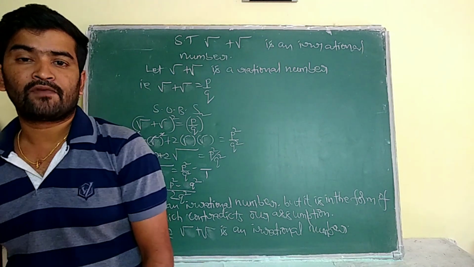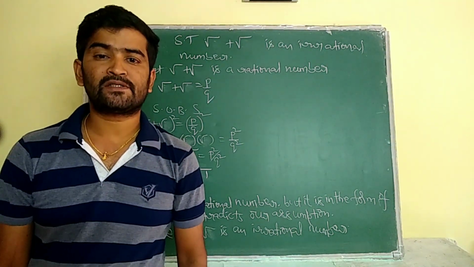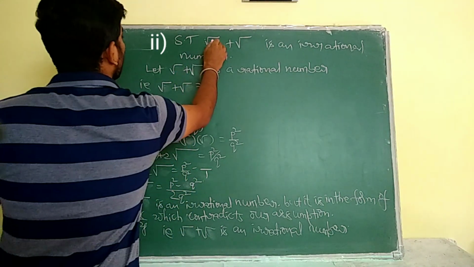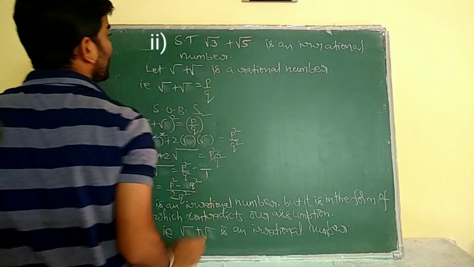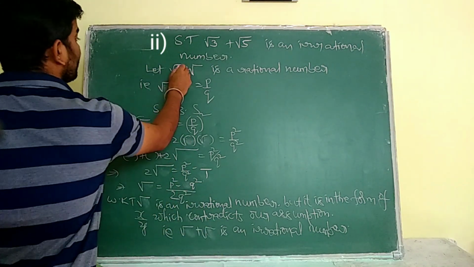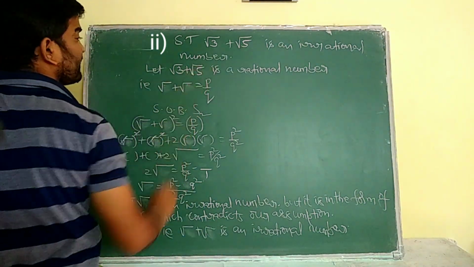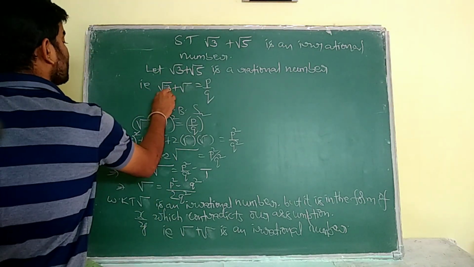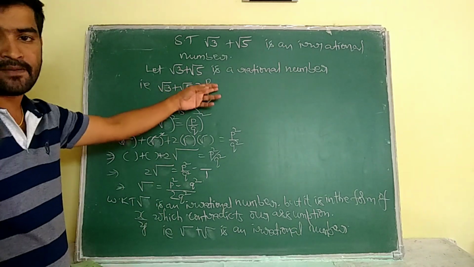Now we will prove root 3 plus root 5 as an irrational number. Our question is, show that root 3 plus root 5 is an irrational number. Firstly we have to assume that root 3 plus root 5 is a rational number. Then root 3 plus root 5 is expressed as some p by q.